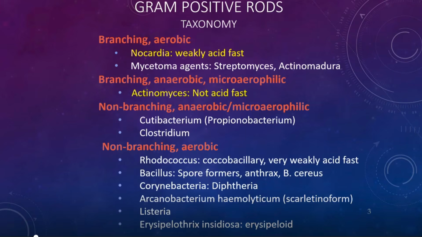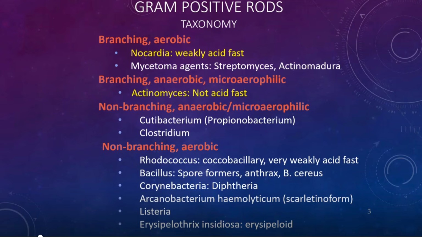So before we delve more deeply into both of these infections, I think it's important to consider the taxonomy of gram-positive rods. You can divide gram-positive rods into whether they are branching or non-branching, and also whether they are aerobic or anaerobic or microaerophilic.